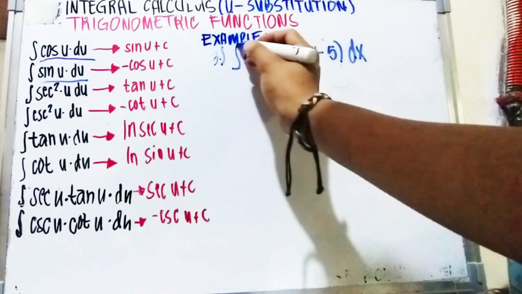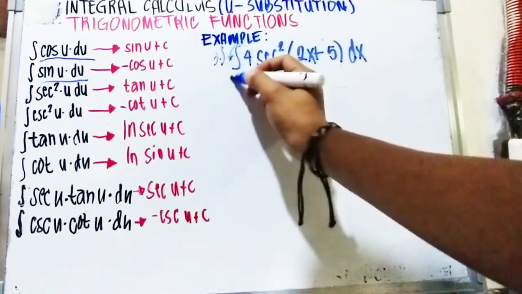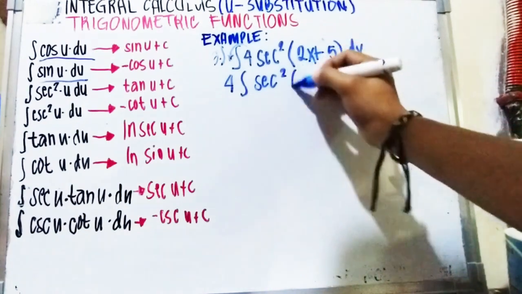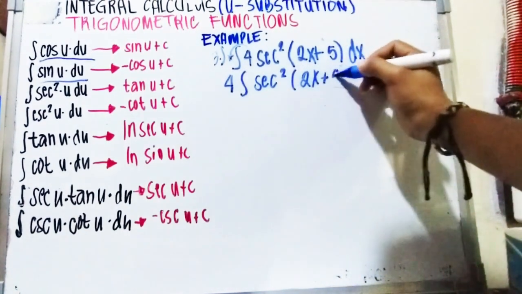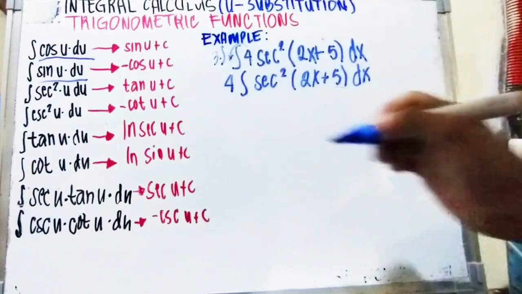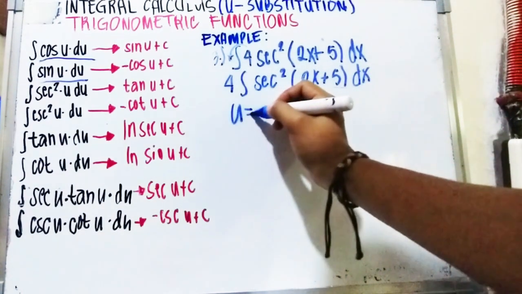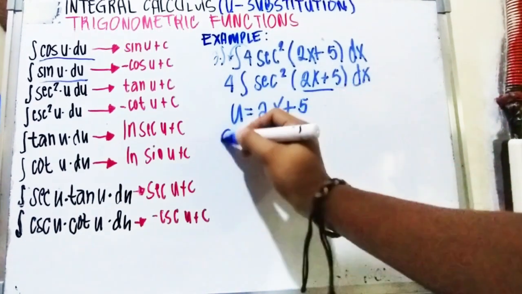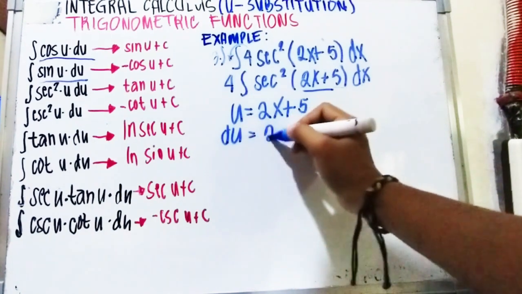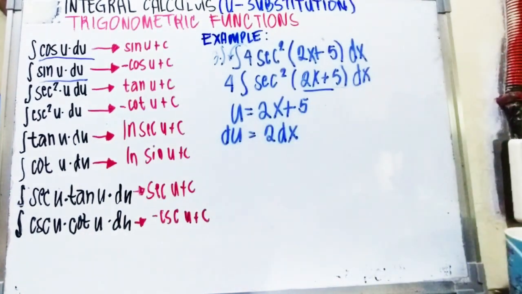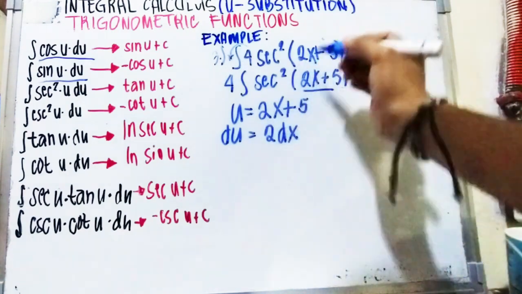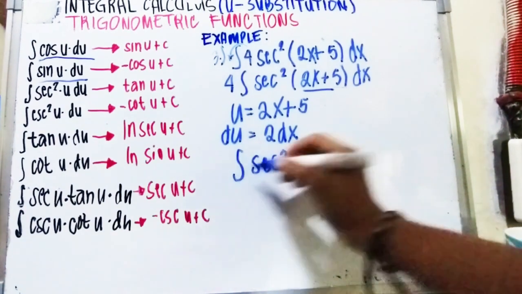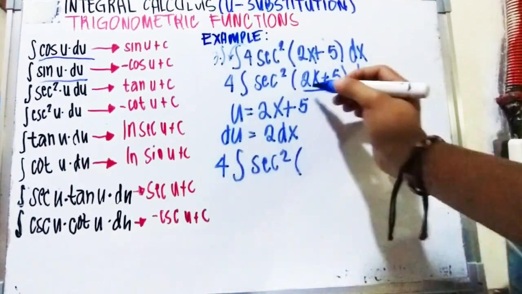Again, pwede nating mapalabas yung constant na 4. Magiging 4 integral of sec squared 2x plus 5 dx. Applying U-substitution method, let's say u is 2x plus 5, and the derivative of our u is 2 dx. Replacing yung nilet natin na value, magiging sec squared, ano nga yung 2x plus 5?